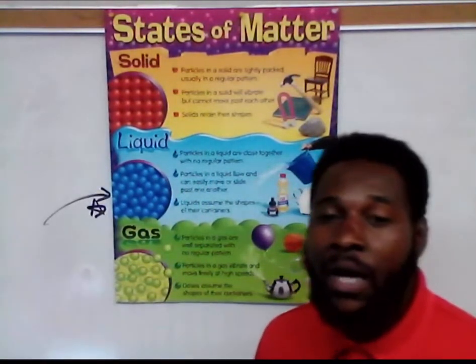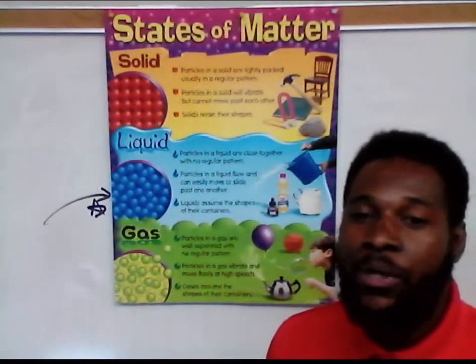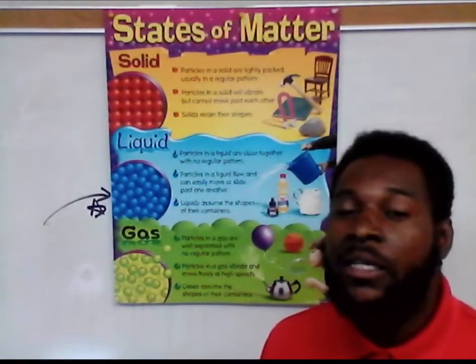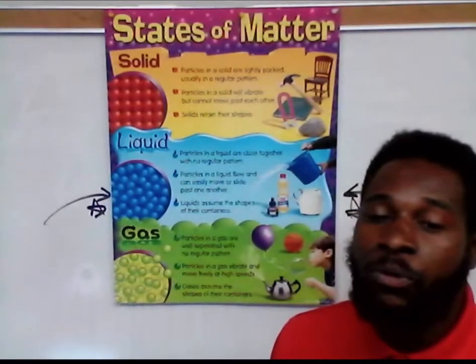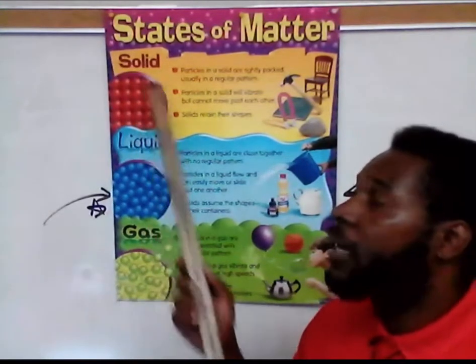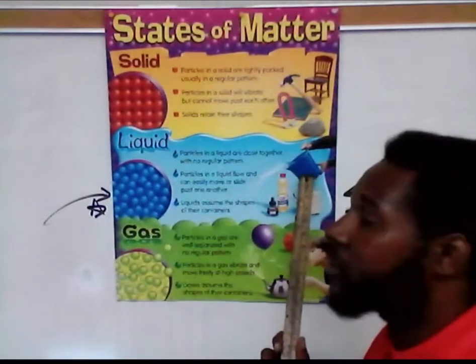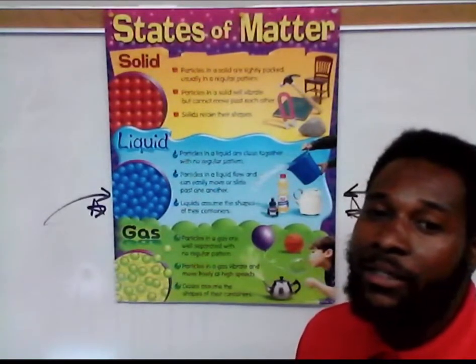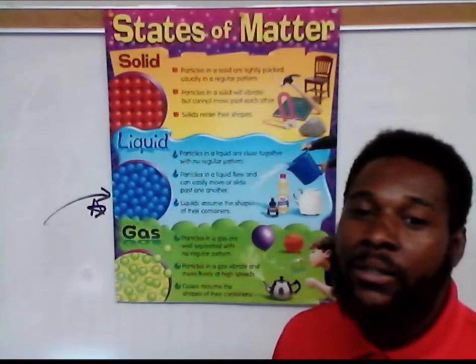So even if I take a solid like a rock and I put it within a container called a bucket, I can still fill that container up with rocks, and the rocks will remain in the state called solid. The bucket will also remain as a state of matter called a solid. So now you have two solids interacting.